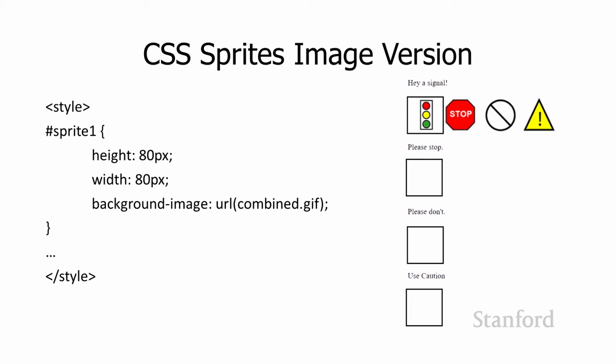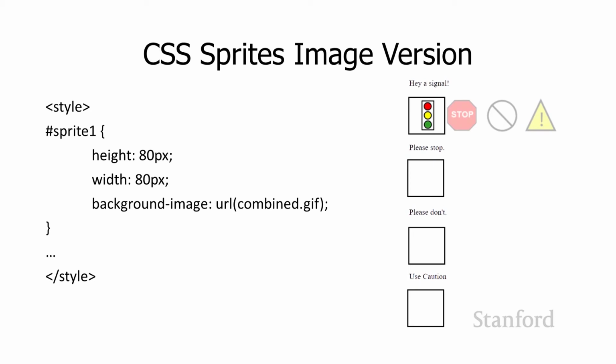For this first div, I give it a height and a width. And then I take advantage of the background image style property. What the background image style property does is it says you can take any element on the web page and stuff a background image behind it. In this particular case, I'm going to stuff our combine.gif as the background image.